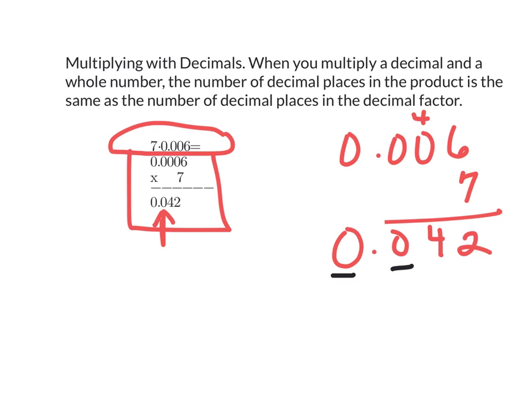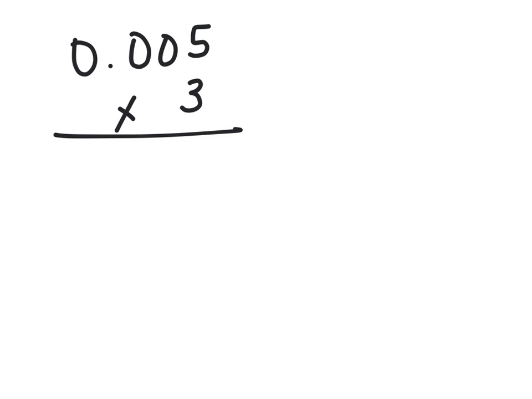And we have 3 decimal places because we had 1, 2, 3 to get to that decimal place. So you count the decimal places in the decimal factor to get how many decimal places you will have down here. So in this first problem, we have 3 times 0.005. We will multiply that, carry the 1. 3 times 5 is 15.